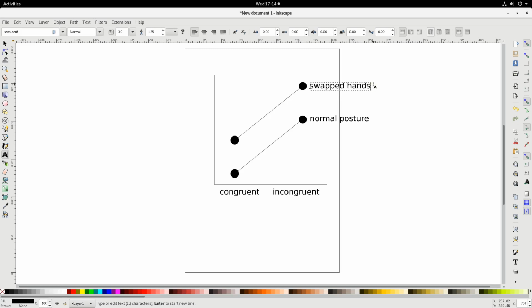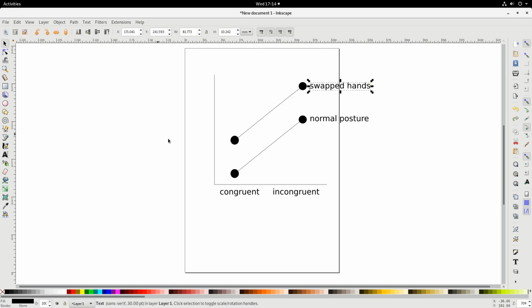All we had is that there was a difference: this line here is just higher than the normal posture. That means people just got slower when the hands were swapped, but there was no interaction.